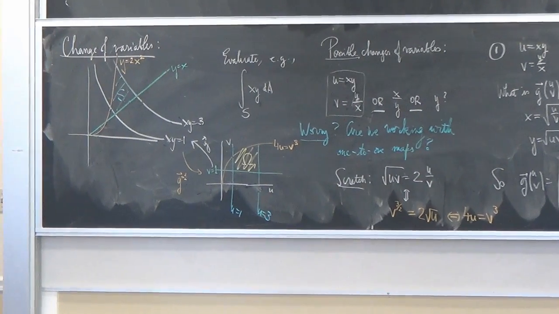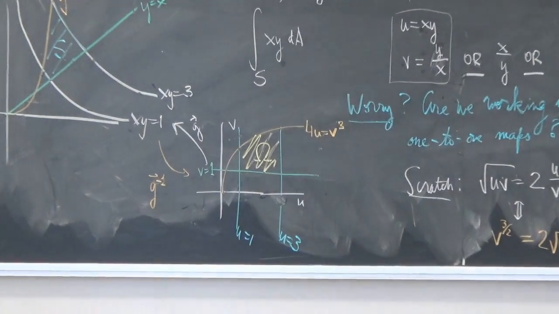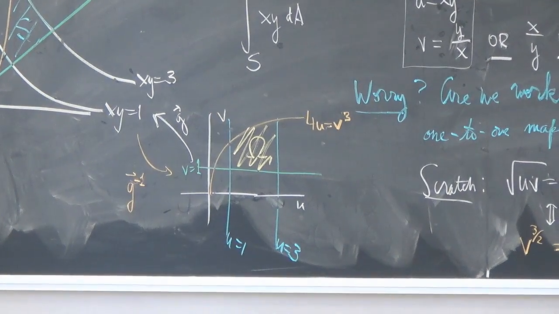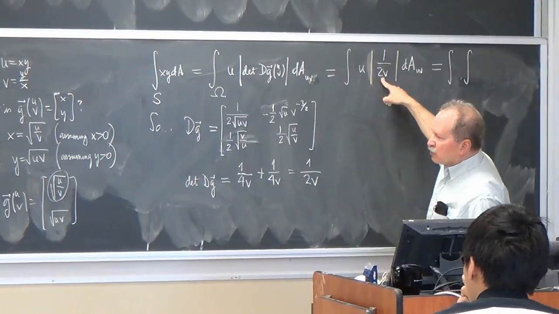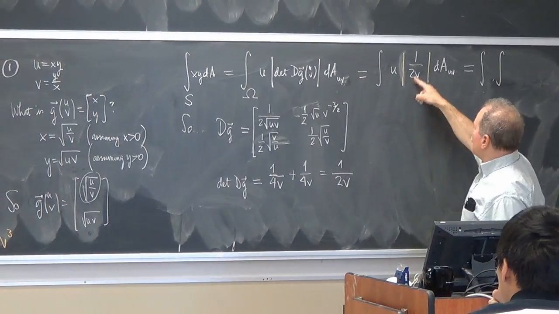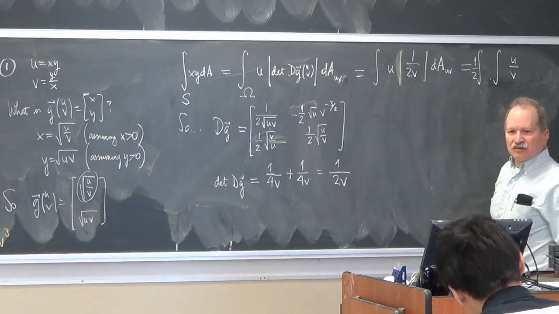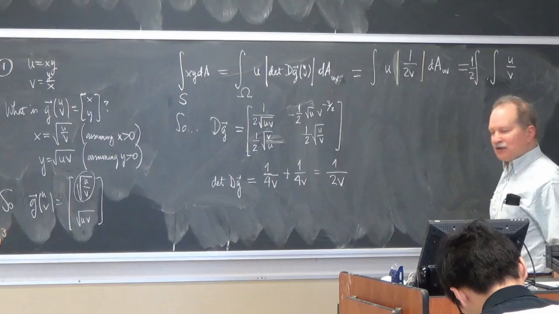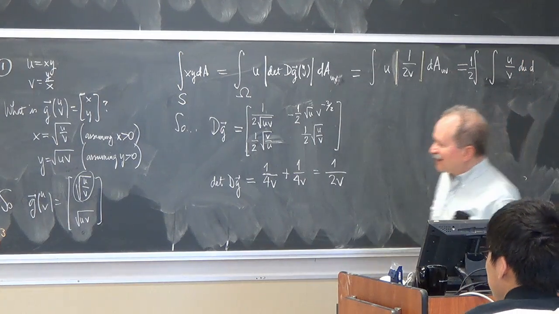Okay, so how do you want to set this up as an iterated integral? I would do u on the outside, du dv. So can we agree that we're in the portion where both u and v are positive, so I'm going to get rid of the absolute value sign and write u over v here.